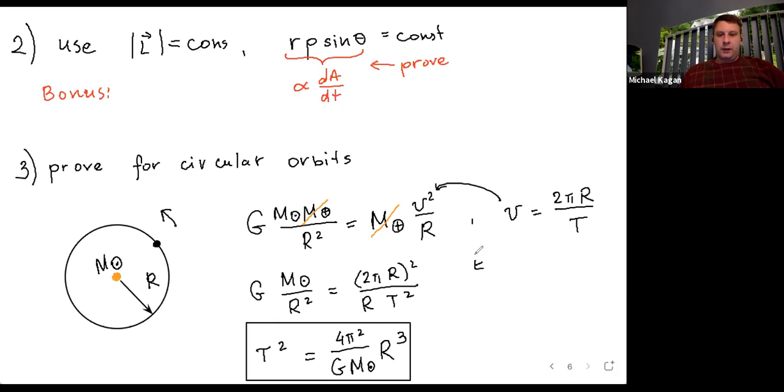Let's do a quick exercise. Let's say the planet's orbital radius doubles. Say r2 equals 2 r1. And you have the same star, the same sun. What is the period ratio?